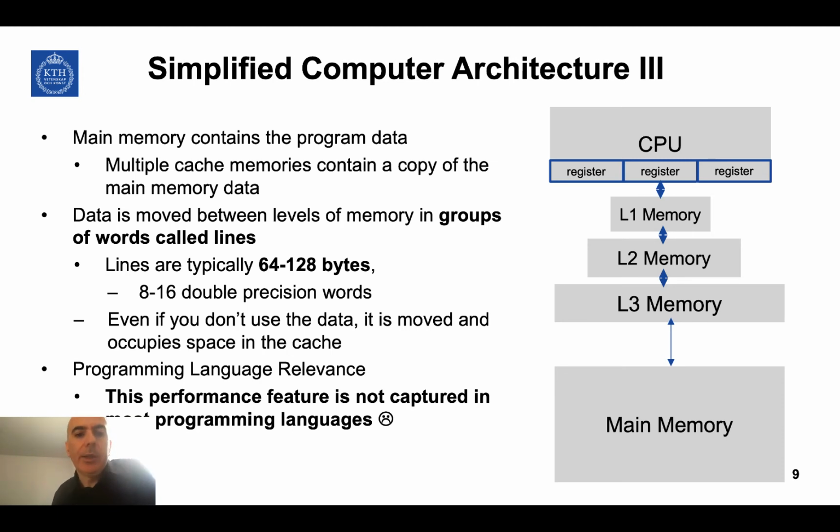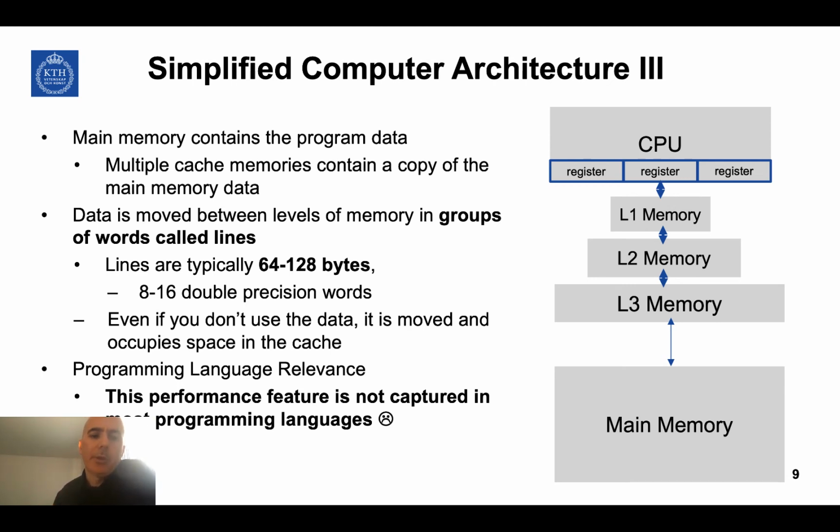Cache lines are typically between 64 and 128 bytes long, that is also 8 to 16 double precision words. An important point to realize is that even if we don't use the data, it is moved and occupies space in the cache. So if we have the wrong data in the cache, this is particularly bad in the sense that we are not going to use it, but just wasted the cache.